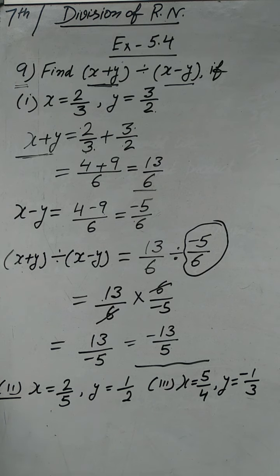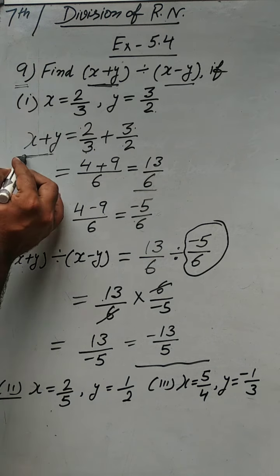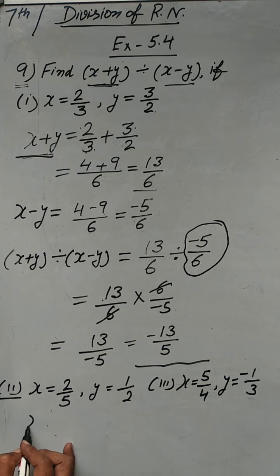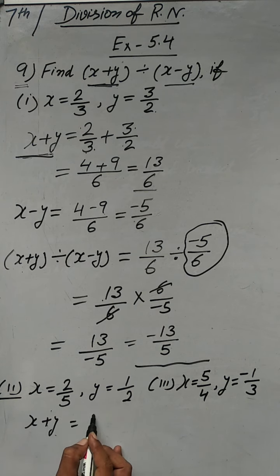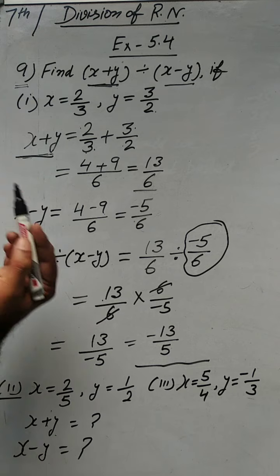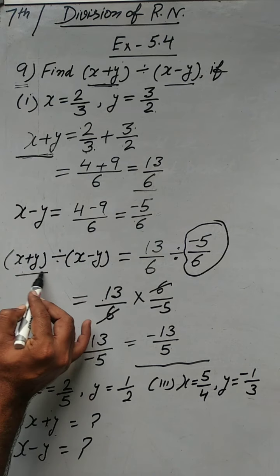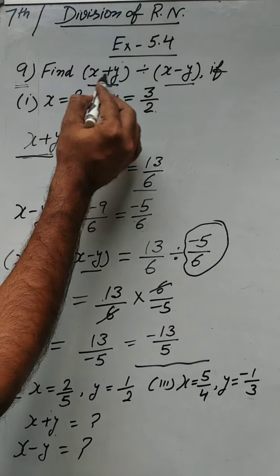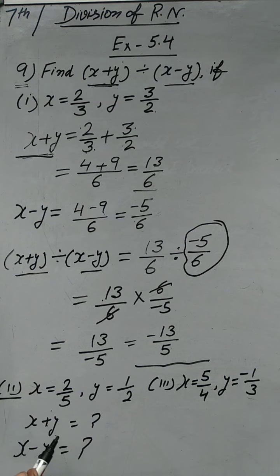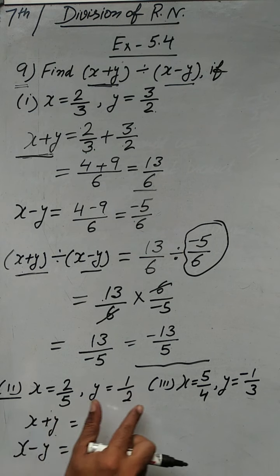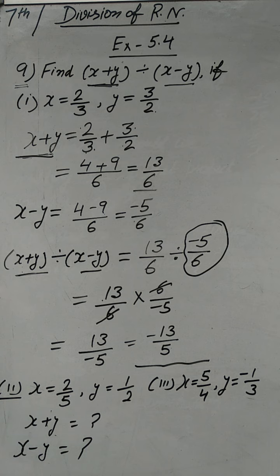Clear, beta? Understood? So similarly, first we will find x plus y. Then you will find x minus y as in the first part. Then put the values here and find x plus y divided by x minus y. Try the second and third parts by yourself. Understood, beta?